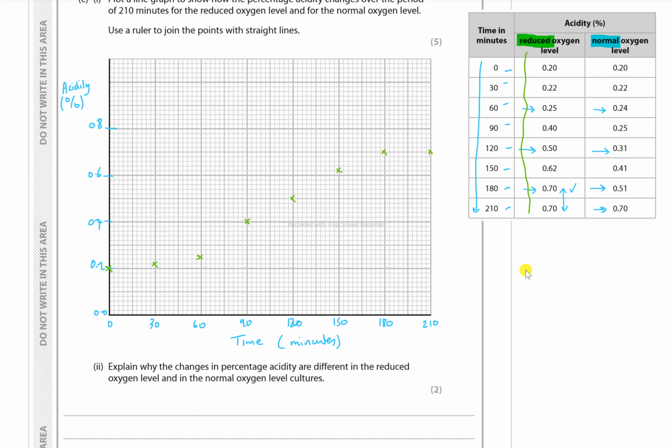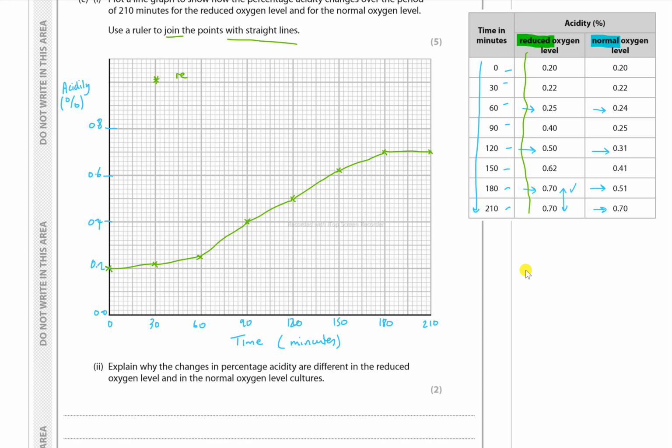So it says join with a straight line. So I'm going to pretend I've got a ruler. Right, you're not allowed to do this. You have to use a ruler when you're practicing, because if you get into the bad habit, you might lose marks for no reason.